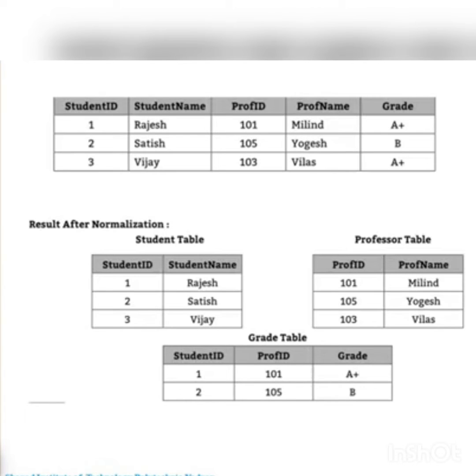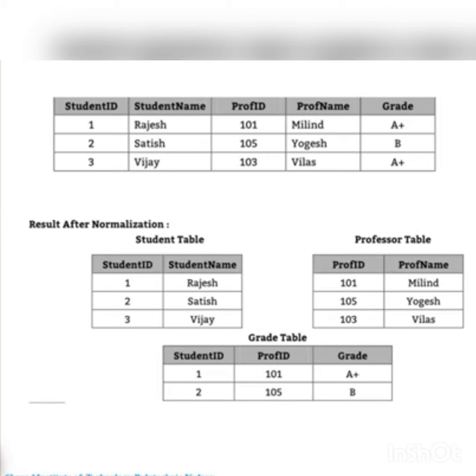That is how you write it: professor ID, then arrow, and then professor name, because you have already seen how the functional dependency should be written. Next, the attribute student name is functionally dependent on student ID. And the third one is the attribute grade is fully functionally dependent on student ID and professor ID.